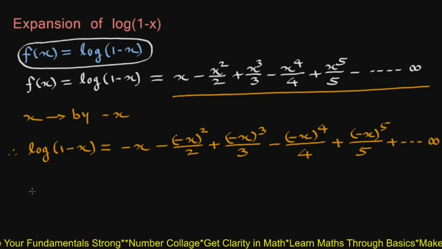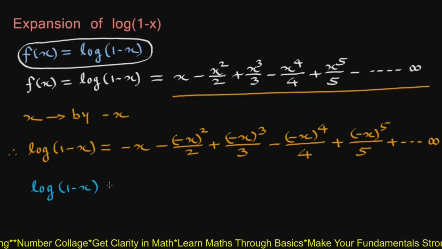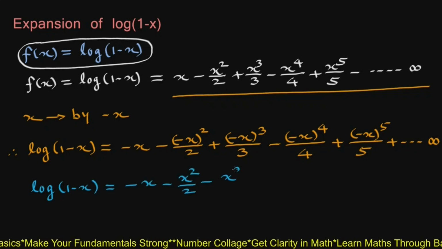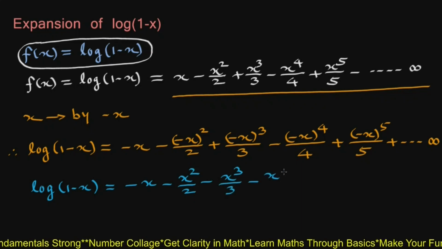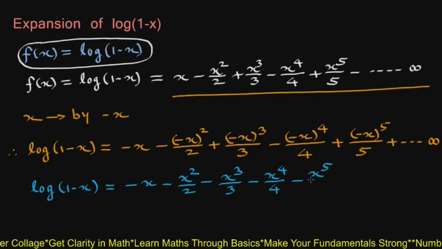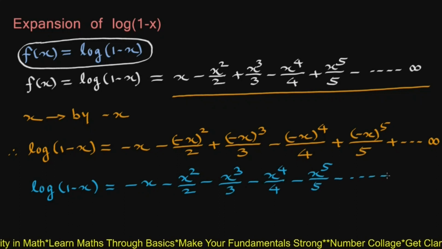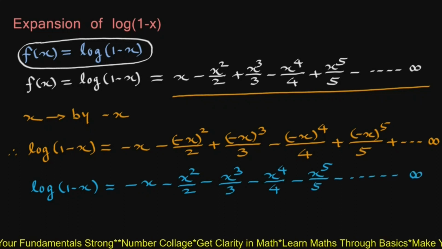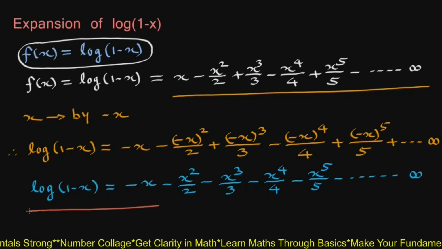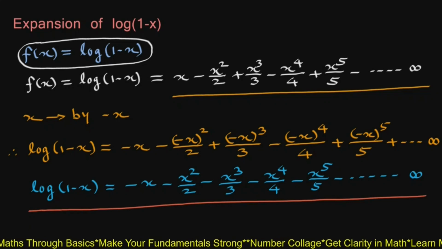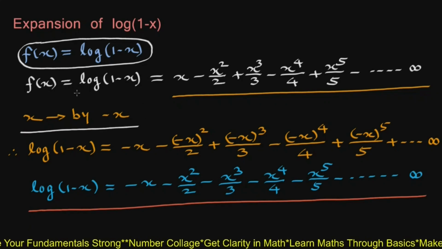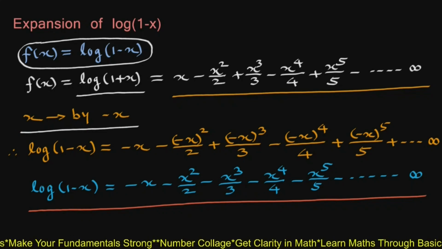That will be log(1 - x) = -x - x²/2 - x³/3 - x⁴/4 - x⁵/5 - and so forth up to infinity. So this is the expansion of log(1 - x) we can obtain by replacing x by -x in the expansion of log(1 + x).